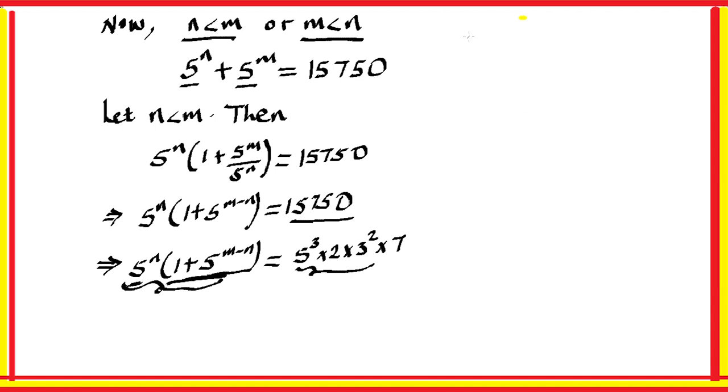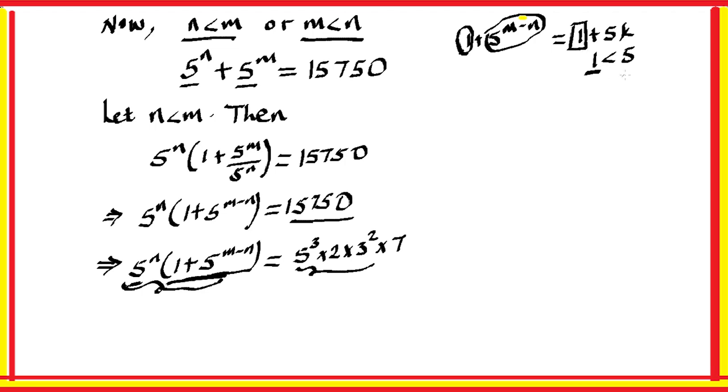That's unique. So the number 1 plus 5 raised to m minus n can be written as 1 plus 5k, since 5 raised to m minus n is divisible by 5, so we can write it as 5k. That means 1 is the remainder whenever we divide the number 1 plus 5 raised to m minus n by 5.